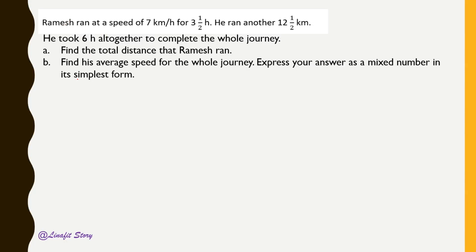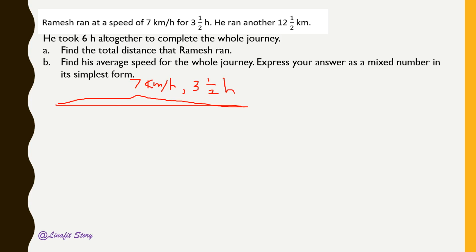Ramesh ran at a speed of 7 km per hour for 3.5 hours. And then he ran another 12.5 km.